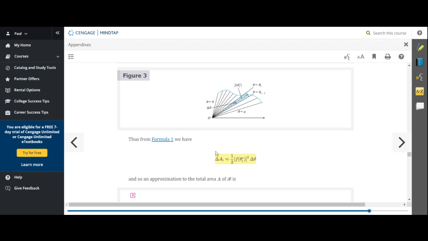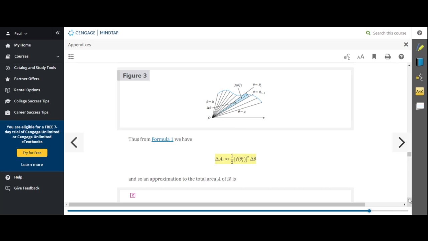But it's just an approximation, because you can see in figure 3 the sector of the circle isn't completely contained. The only way a sector of a circle would perfectly work is if you had an actual circle. But the sector will approximate that delta A sub i area better and better if your angles, your delta theta, get smaller and smaller.